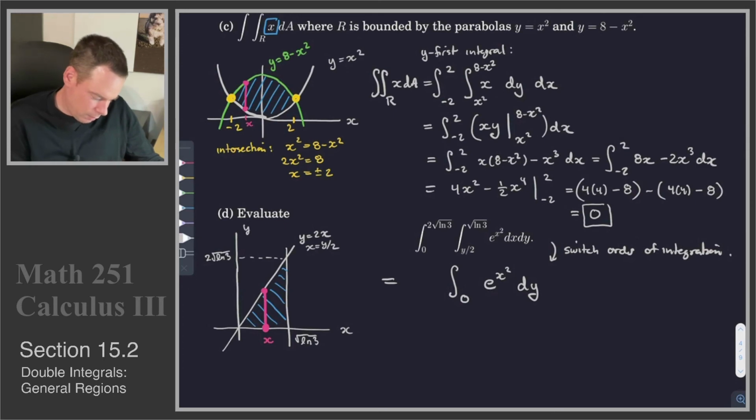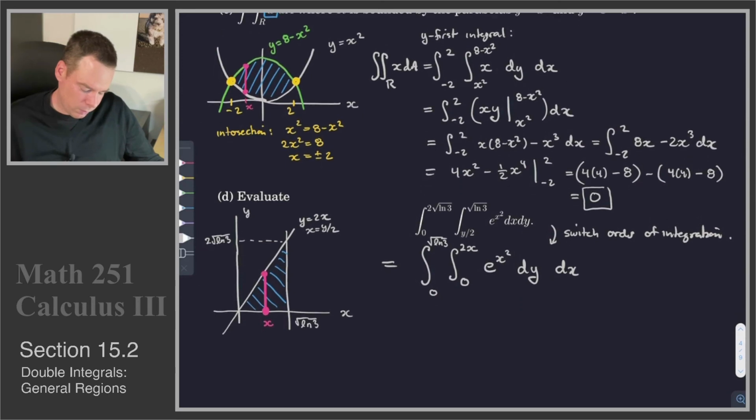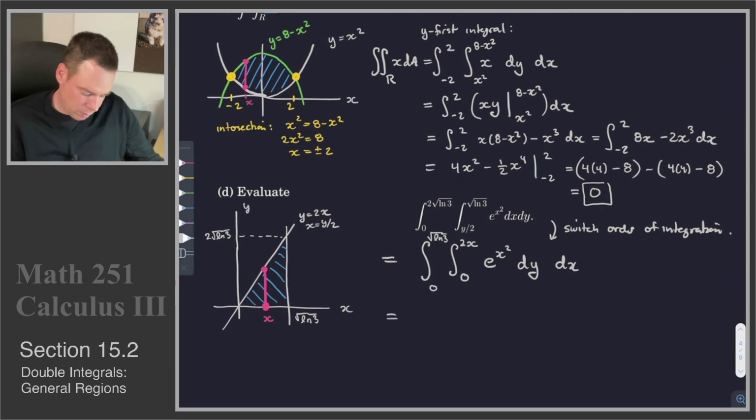So what is that upper point of that red line segment? At a given x value, the upper point is given by a y value of 2x. And then we will let x range over the values from 0 to the square root of log 3. So we've switched our order of integration. We've got our limits correct now for this y first integral.